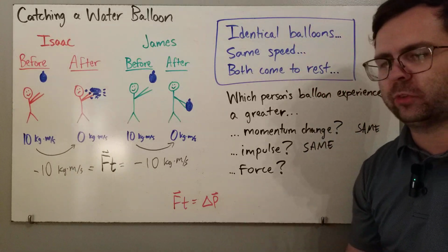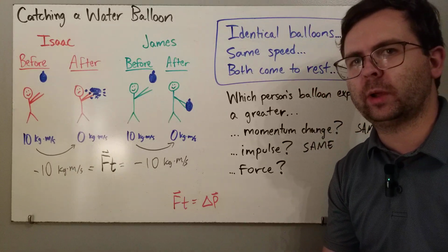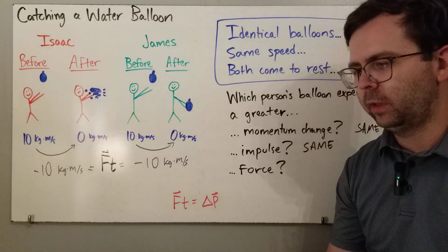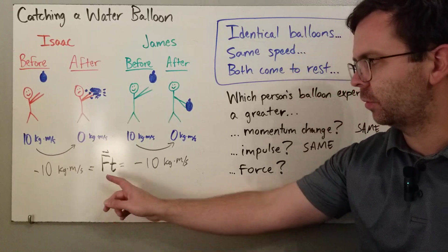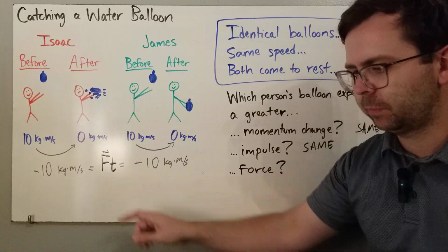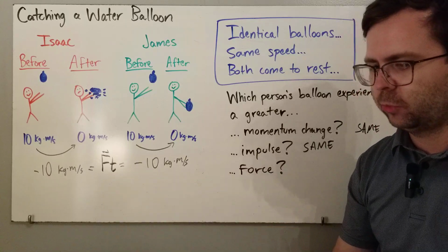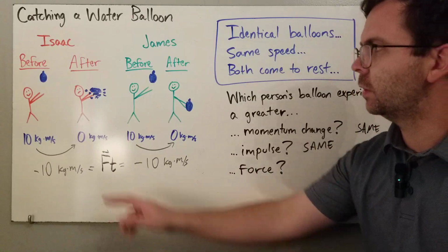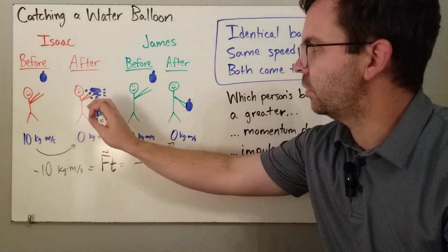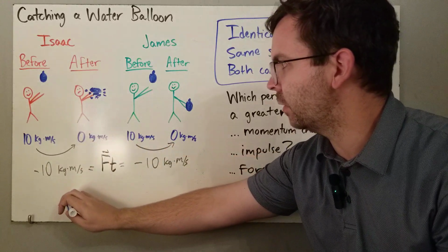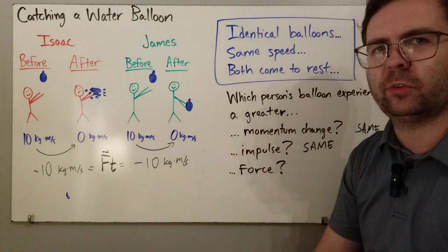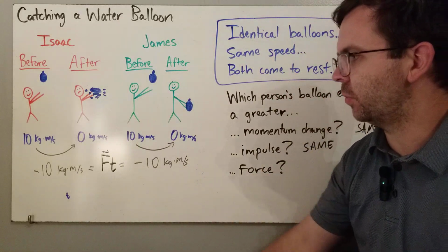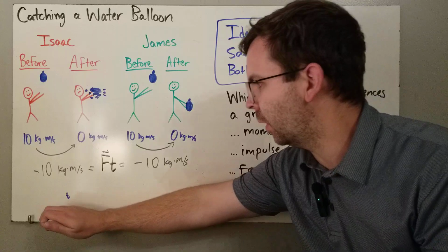Now, the last question says, which one experiences a greater force? And while they have the same amount of impulse, F times T, the difference is for Isaac, he catches it very quickly, and so he uses a very small amount of time. I wrote the T really small to emphasize that the time is very small.